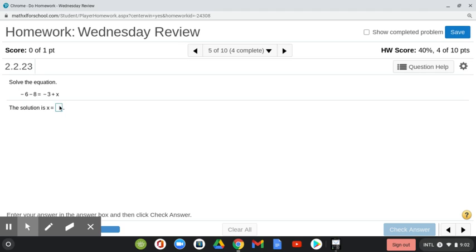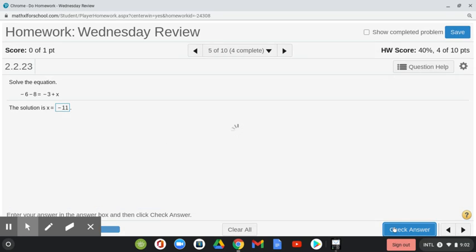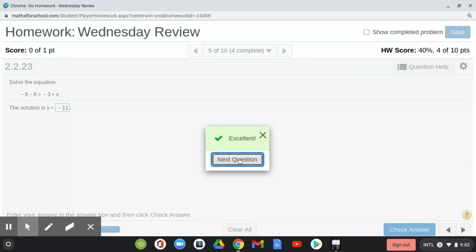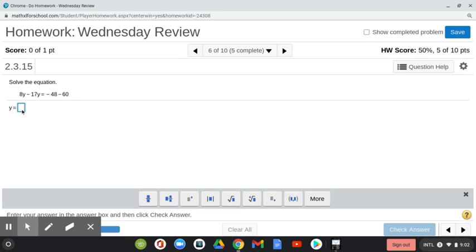Okay, in solving this, I want to combine this side first, so that's negative 14. I want to add 3 to that, so there's a different sign, so I end up with negative 11. Okay, now I want to simplify both sides. So 18 minus 17y is negative 9y.